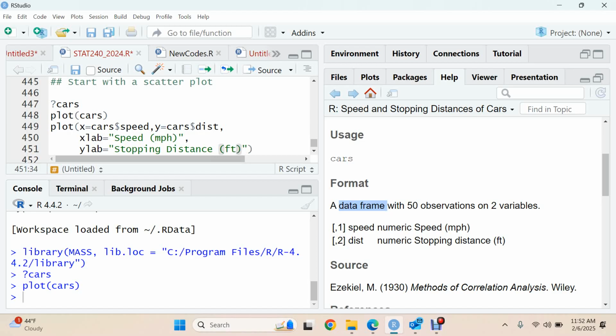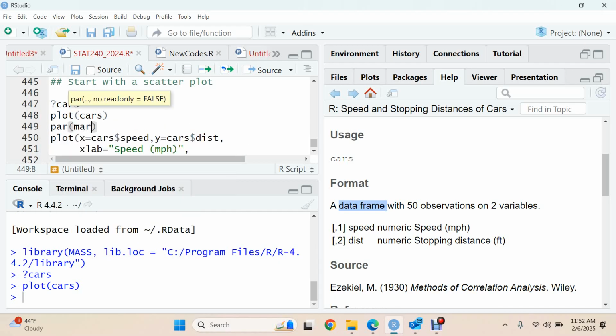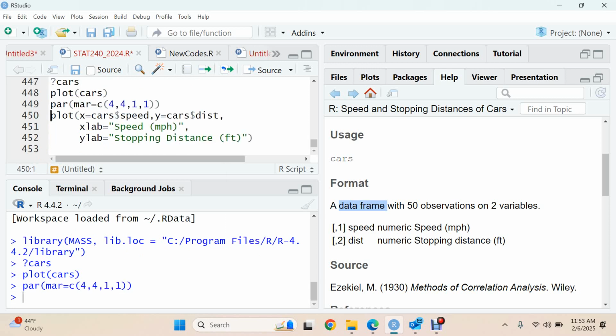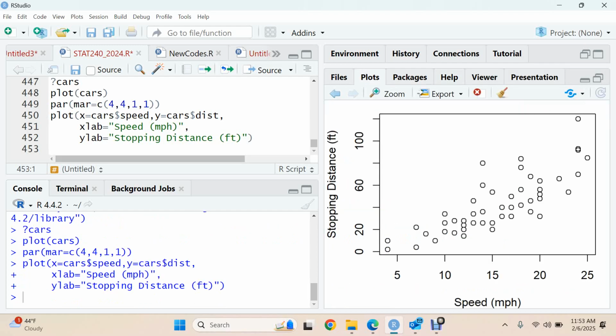It makes it more informative, right? Okay, so run it and you should have something like that. This is more explanatory than the previous one, isn't it?